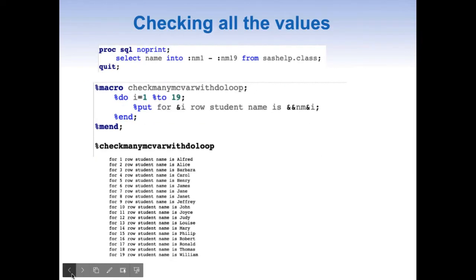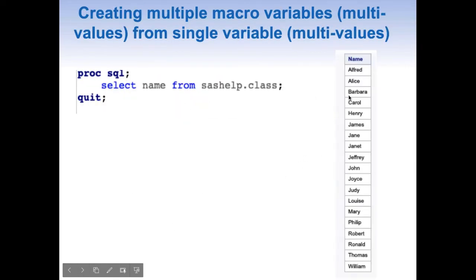If you look into the sashelp.class dataset, we have Alfred, Alice, Barbara, one value after another. We want to create one single macro variable which has all the values concatenated with the help of a separator.